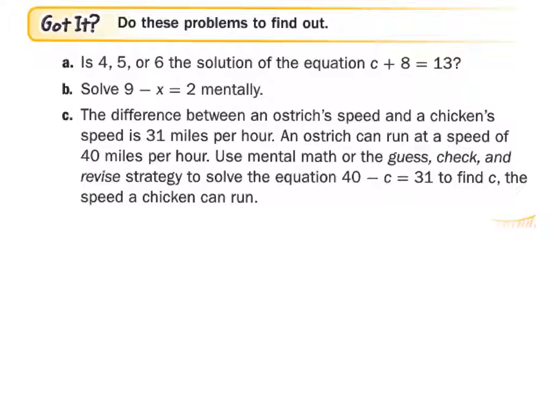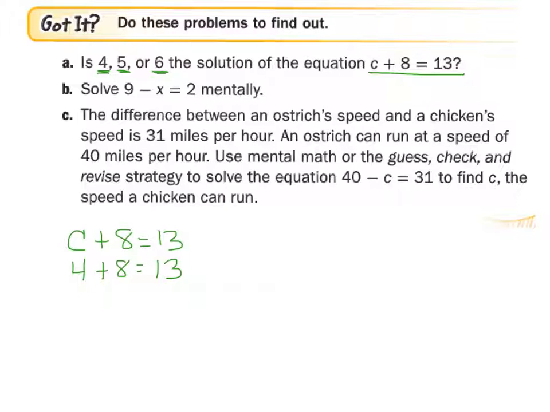So let's try a couple of Got It's here. They said, is 4, 5, or 6 the solution for c plus 8 equals 13? What I would want to see in your homework is c plus 8 equals 13. Find some room around the workspace, and we would replace it. They would like us to use 4. So 4 plus 8, does that equal 13?